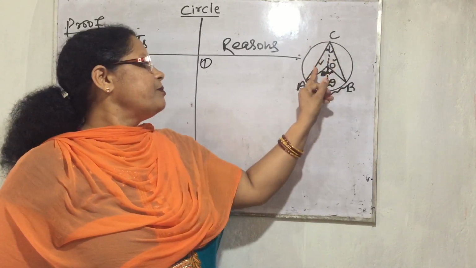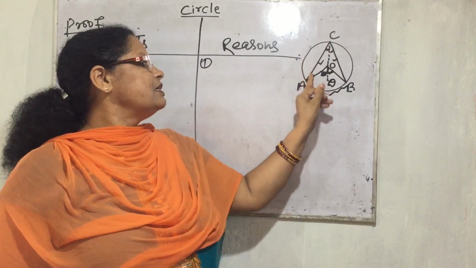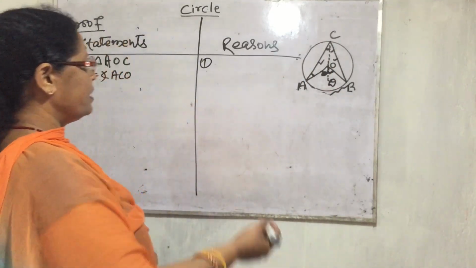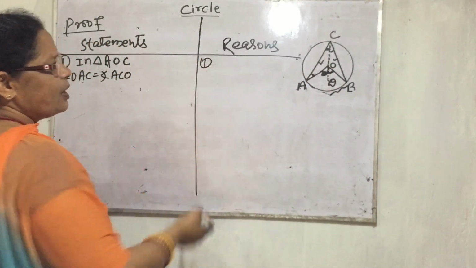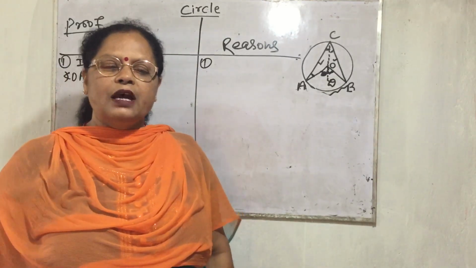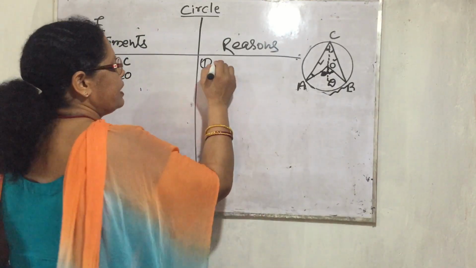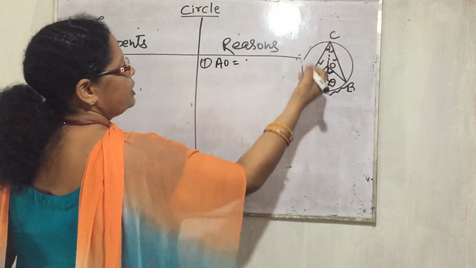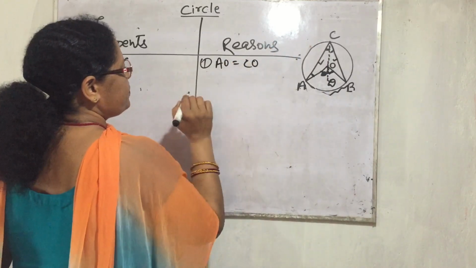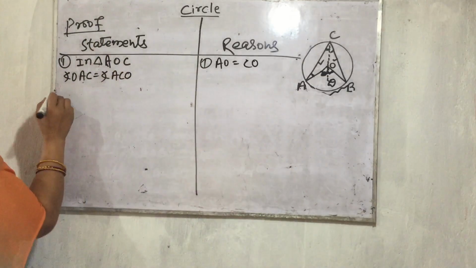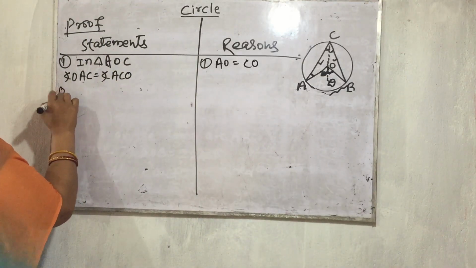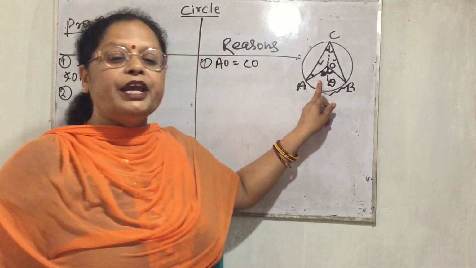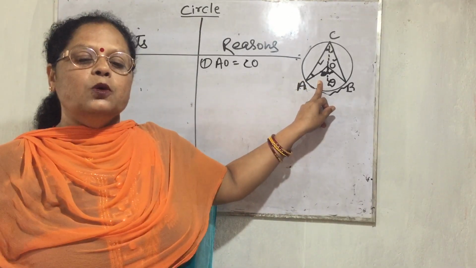If two sides are equal, then the base angles are equal. We can write down AO equal to CO. After that, number 2.